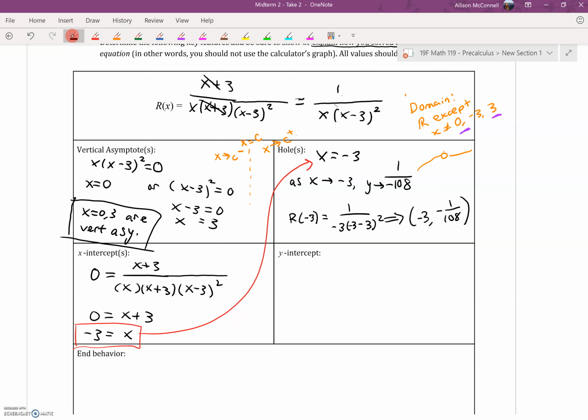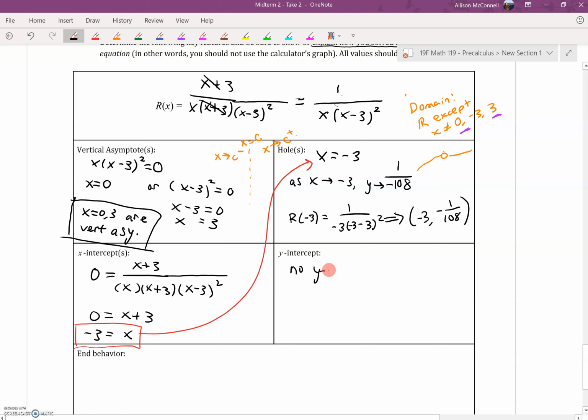Y-intercepts. That's when our x's are 0. But if we notice here, we have x equals 0 as a vertical asymptote. We know if we approach from the left and the right, that particular asymptote, it's going to tend to positive and negative infinity. So in this case, we won't actually get any y-intercept because we have a vertical asymptote at 0.